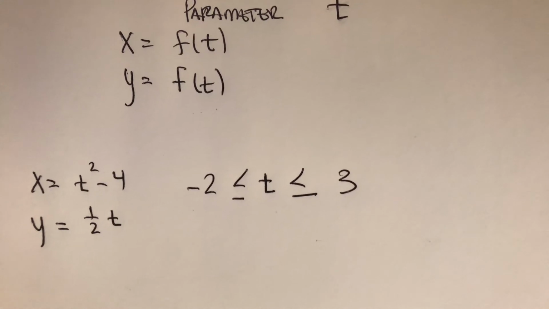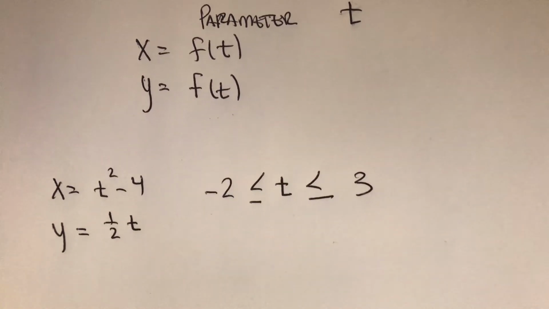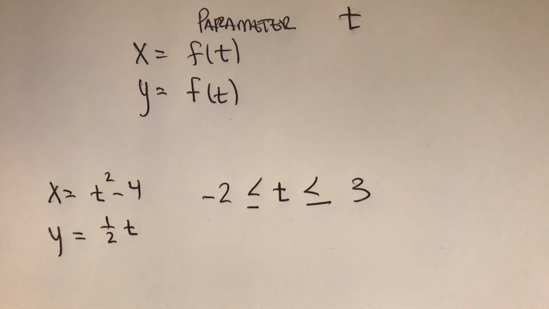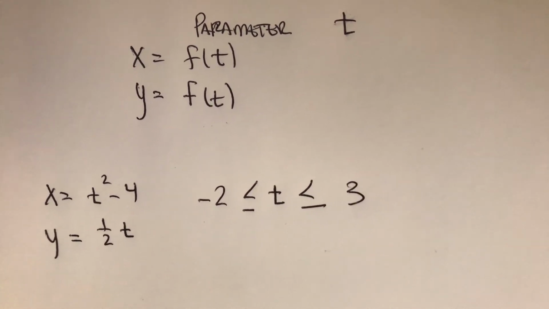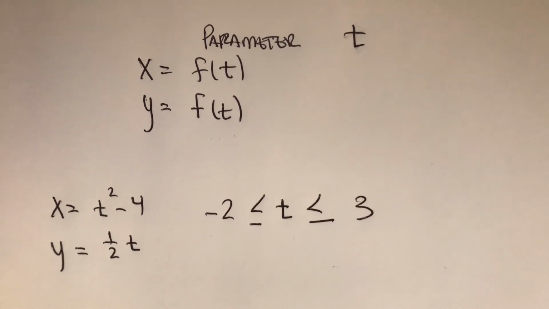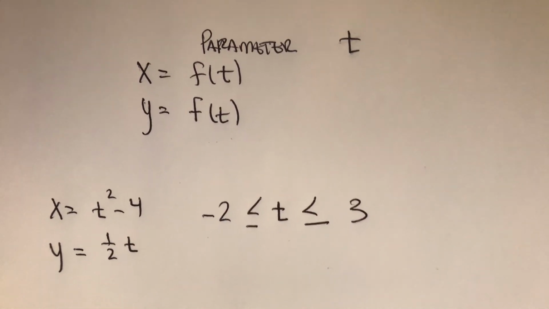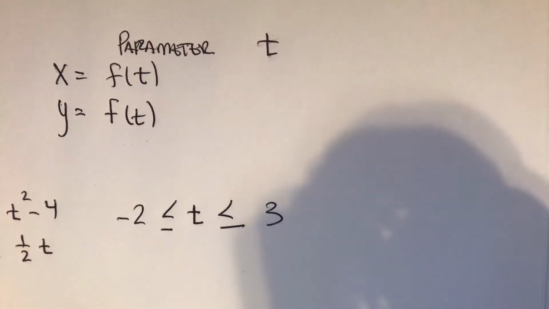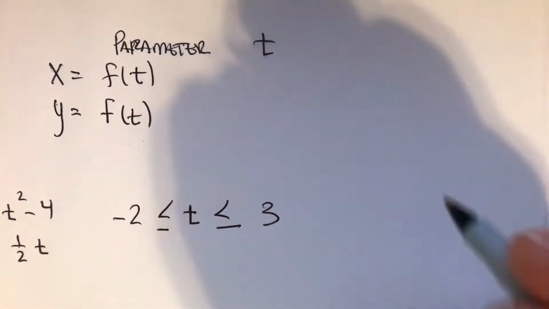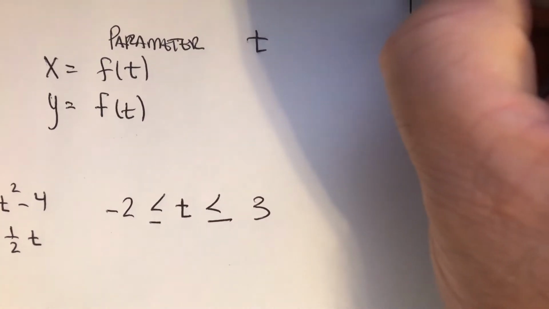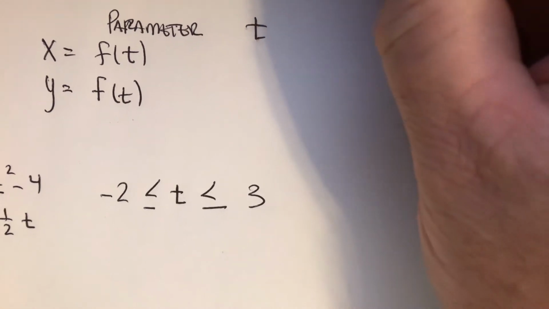Now, one of the differences between a parametric equation and a function is that with functions, our graphs tend to extend to infinity in both directions. For example, if I were to graph a parabola in function form, this would be a parabola in function form.